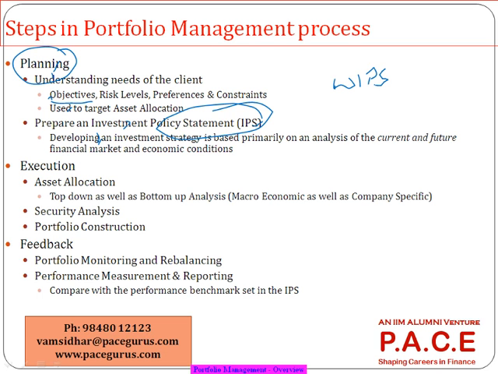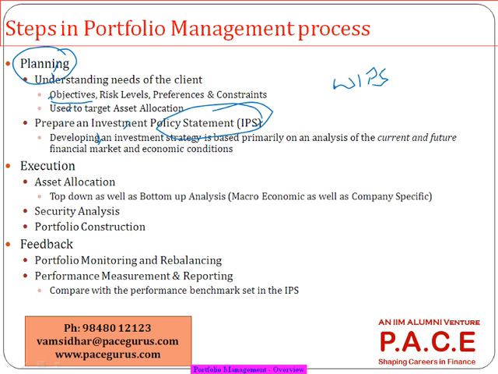So once you prepare this investment policy statement, it's just like a guidebook, rule book, so that tomorrow the customer doesn't complain, this guy did not give me the solution I wanted, and even you don't need to complain that the customer has given something else, and now he is complaining something else.